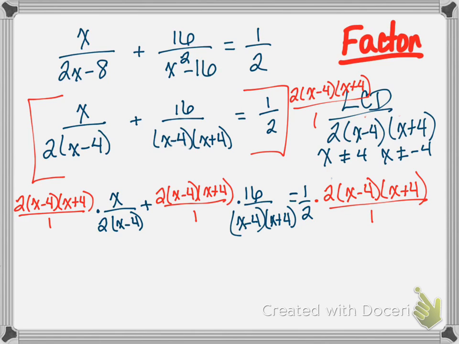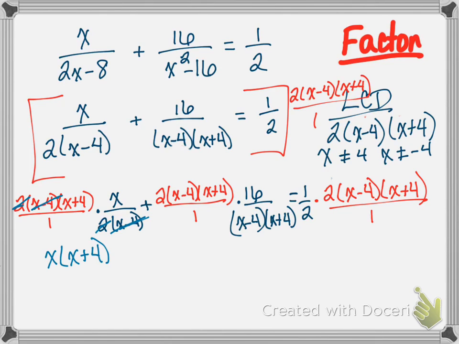Now we're going to cancel some stuff out. X minus 4 and x minus 4, 2 and 2. What am I left with? X times, excellent, x times x plus 4.